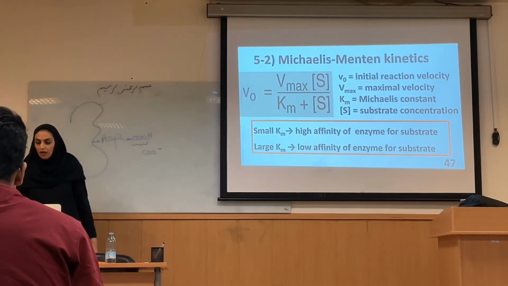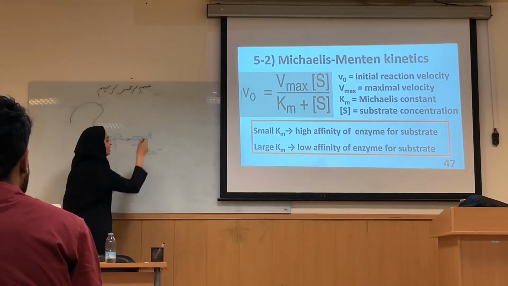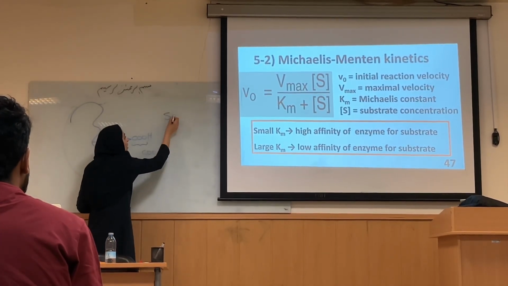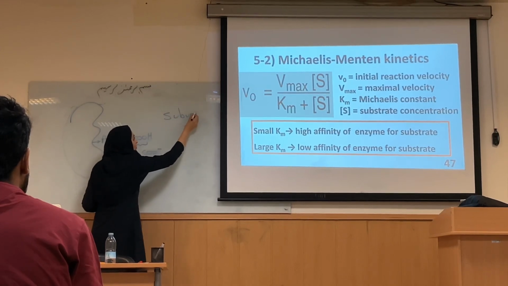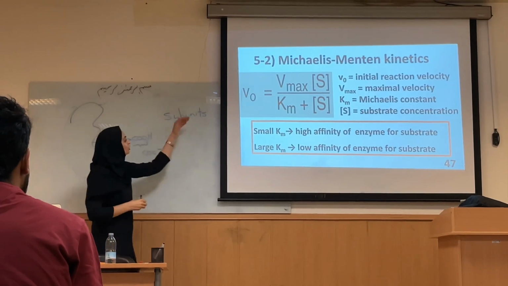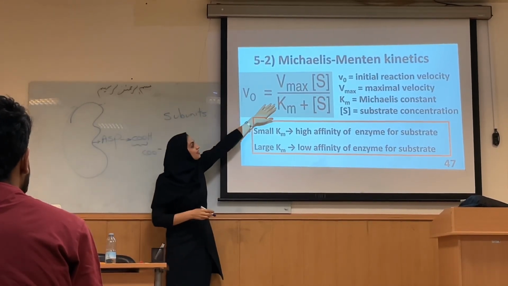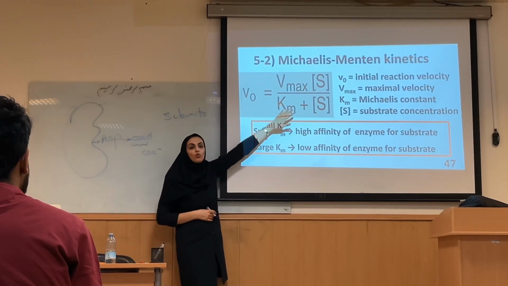Okay? Ma'am, I have a question. What's the difference between a normal enzyme and an allosteric enzyme? Allosteric enzymes have different subunits. And we can't explain their function based on the Michaelis-Menten equation.